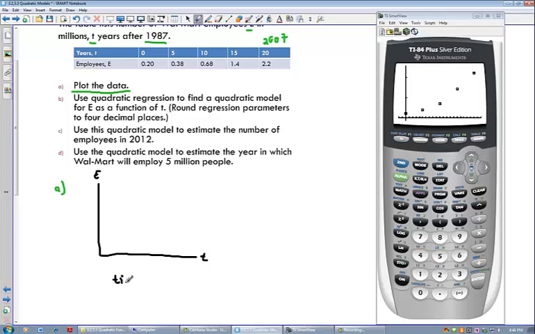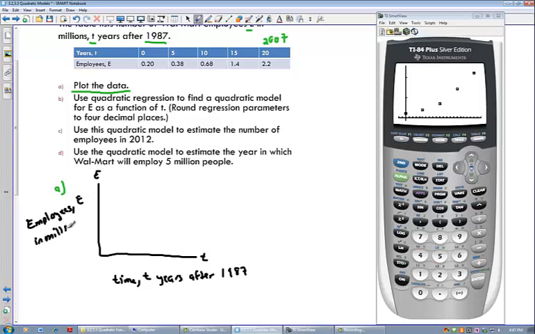So time T. And you can put, let's say, years after 1987. And then for the outputs over here, we have, well, these are employees. Set employees E, and this is in millions.